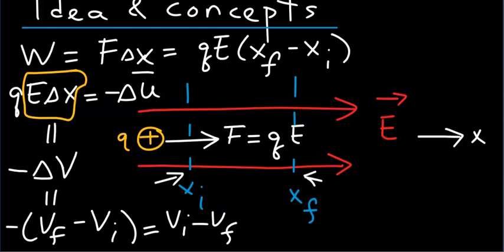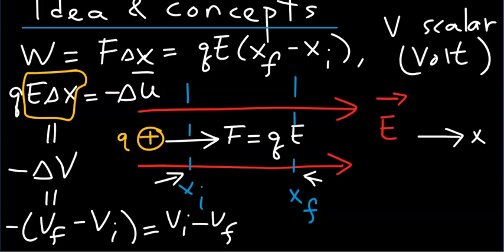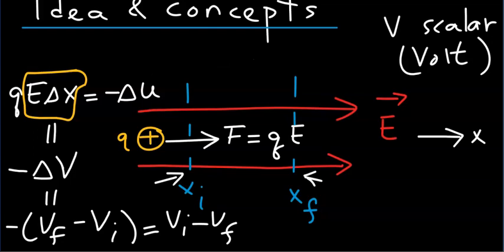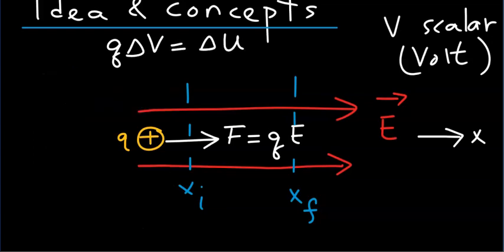Now we note that V, the electric potential, is a scalar, and it is measured in the SI unit of volt. So we see that the change in electric potential and the change in electric potential energy are indeed related, and they are given by Q delta V equals delta U. Let's write down this expression in full.